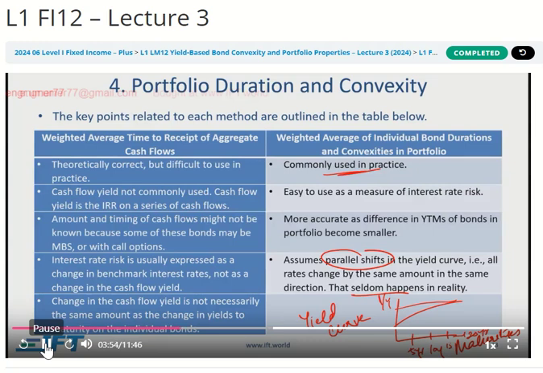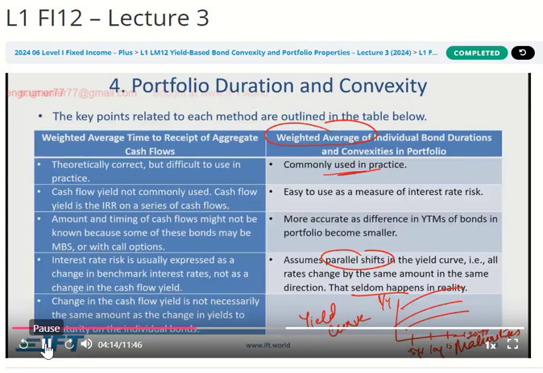But since you're not adding the cash flows, and you're just ignoring the separate cash flows, and you're just taking a weighted average of the durations and convexities, therefore you don't have that input of year wise cash flow, and this weighted average of duration and convexity only works with parallel shift.